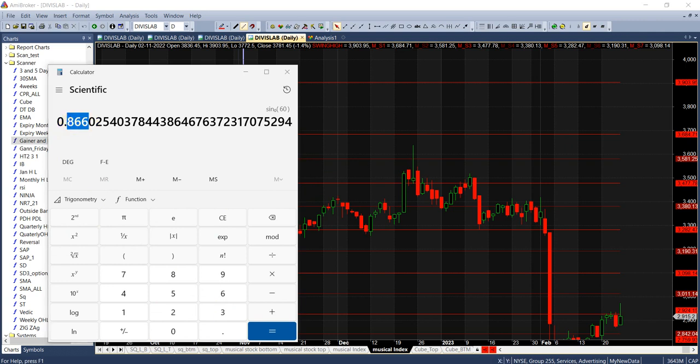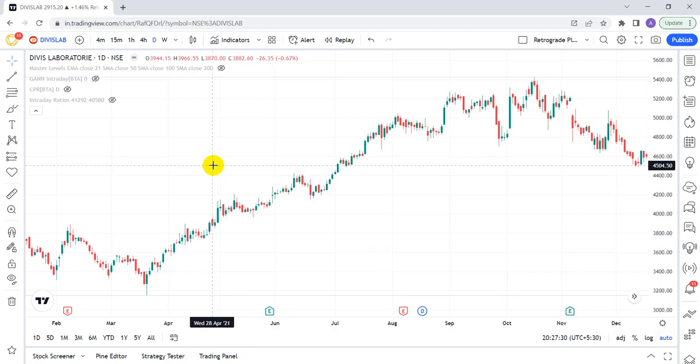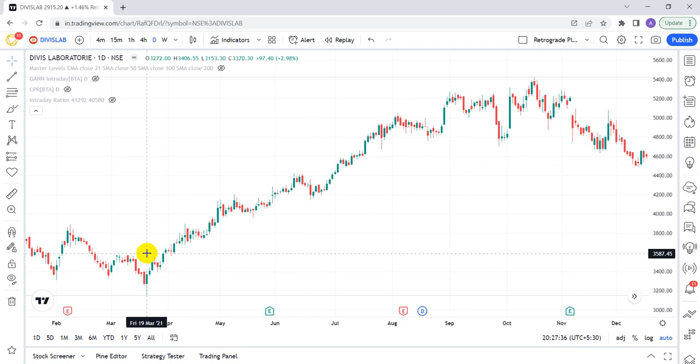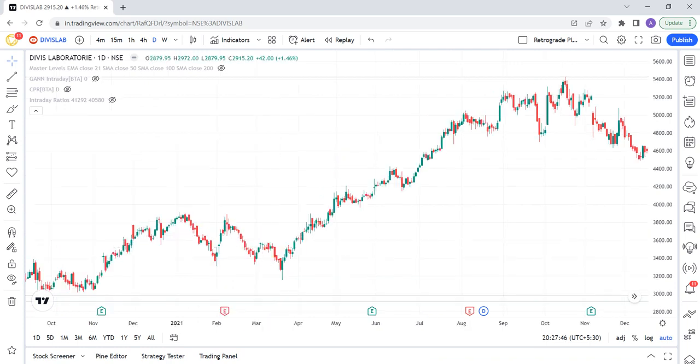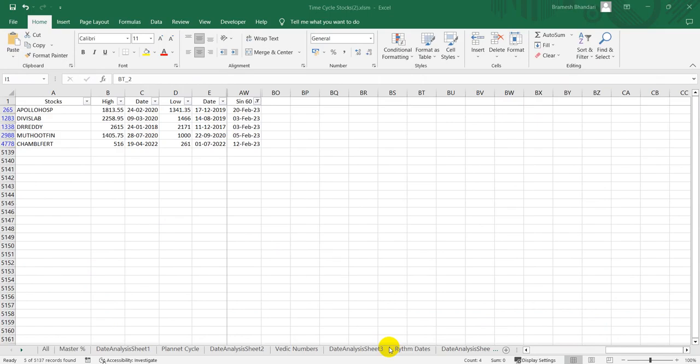So what we are doing is, this is the chart of DV's Lab. Let me quickly show you the calculations here.